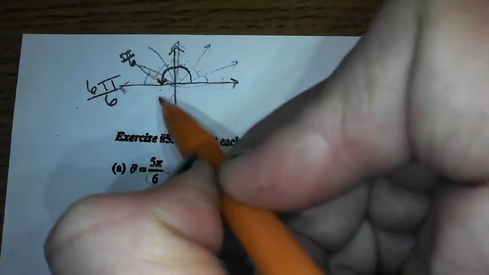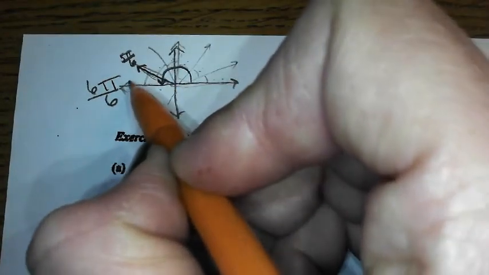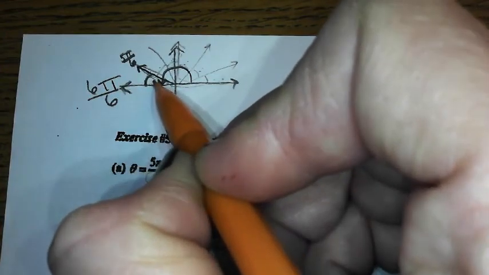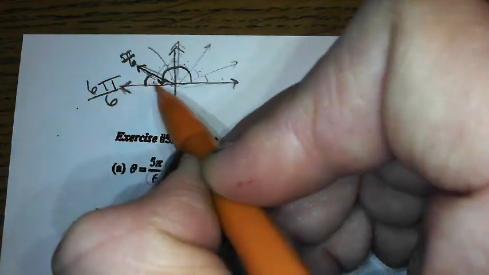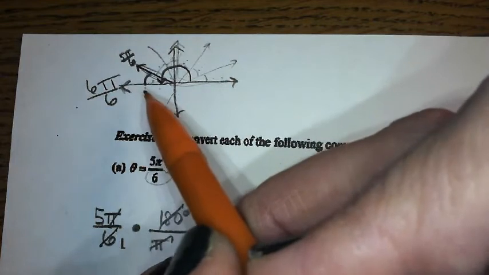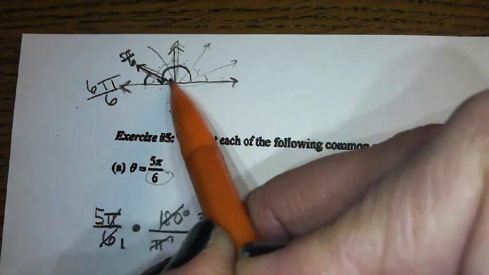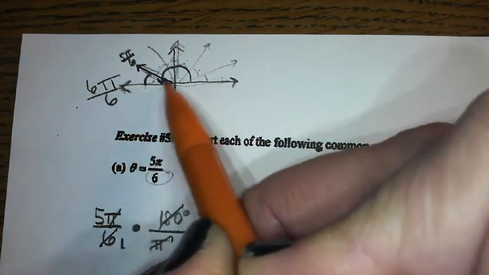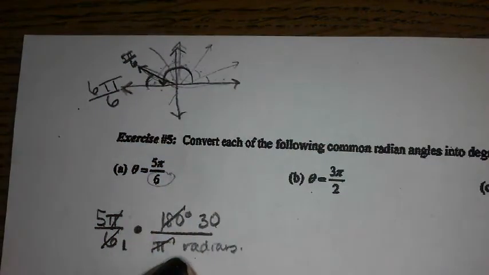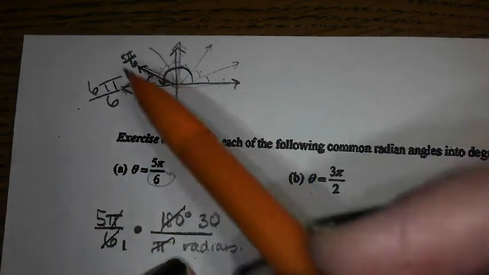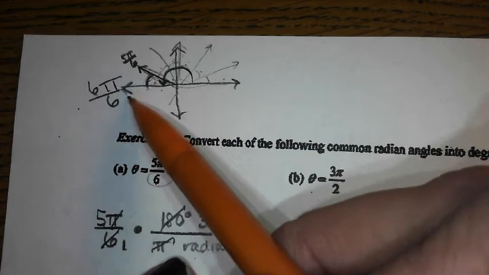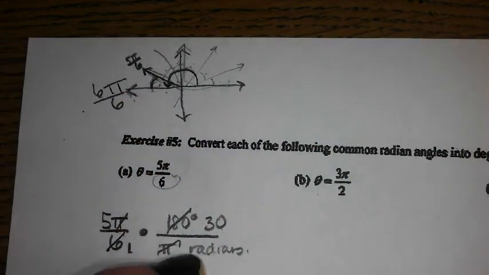So what's the reference angle here, by the way? 30, because we know that's 150 and that's 180, so 30. What about in terms of radians? If this is 5 pi over 6 and this is 6 pi over 6, what's the reference angle? How many pi's over 6? What's the difference between 5 pi over 6 and 6 pi over 6? 1 pi over 6, right?